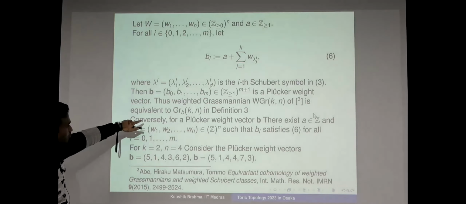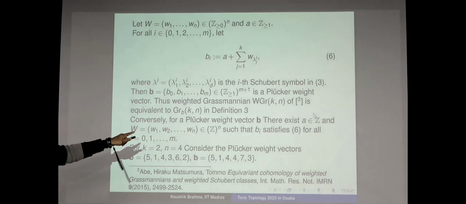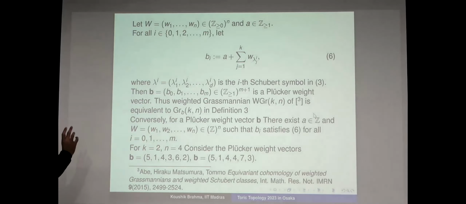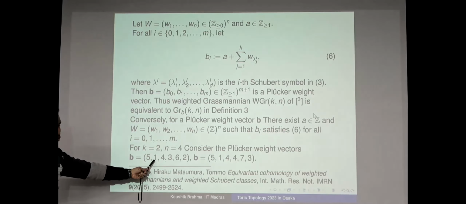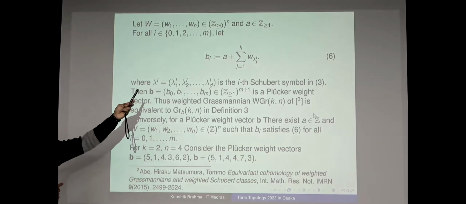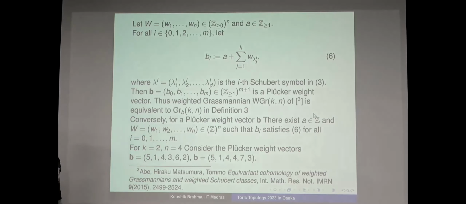Now I have proved that for a Fluker vector b, we can find w in Z^n and a in Z, but we cannot get both non-negative together. Like we cannot find w in Z greater equal to 0 to the n and a in Z greater equal to 1, because if we look at the second component, here it is 1. So W1 plus W3 plus A equals 1. If we want A in Z greater equal to 1 and Wi non-negative, the only choice of A is 1. Then W1 plus W3 is 0.